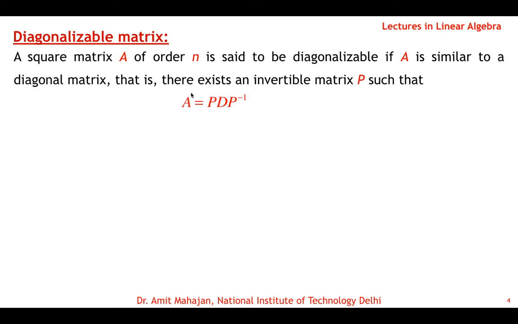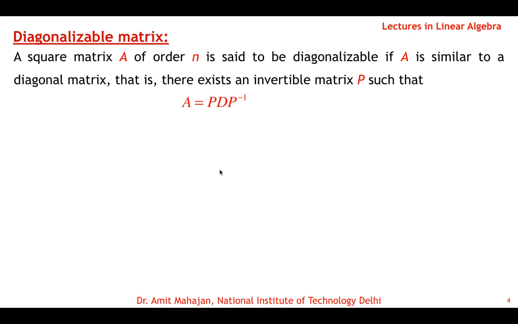Clearly, if there is an invertible matrix P such that A can be written as this, where D is a diagonal matrix, then A and D are similar matrices. So this definition says that the square matrix will be diagonalizable if A is similar to a diagonal matrix, and it will be similar to a diagonal matrix if this holds for some invertible matrix P.